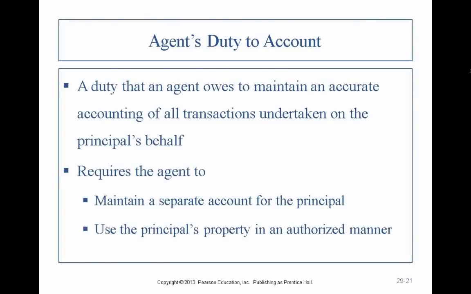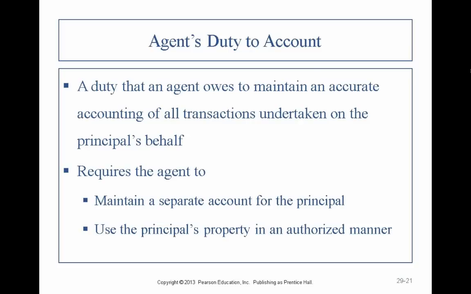And to account: this is basically a relationship of trust, loyalty, fiduciary duty, which says that if monies are involved, where the agent is handling the finances of a principal, they're acting within the agency relationship and accounting for that money. By that I mean they keep good records, keep good transactions.